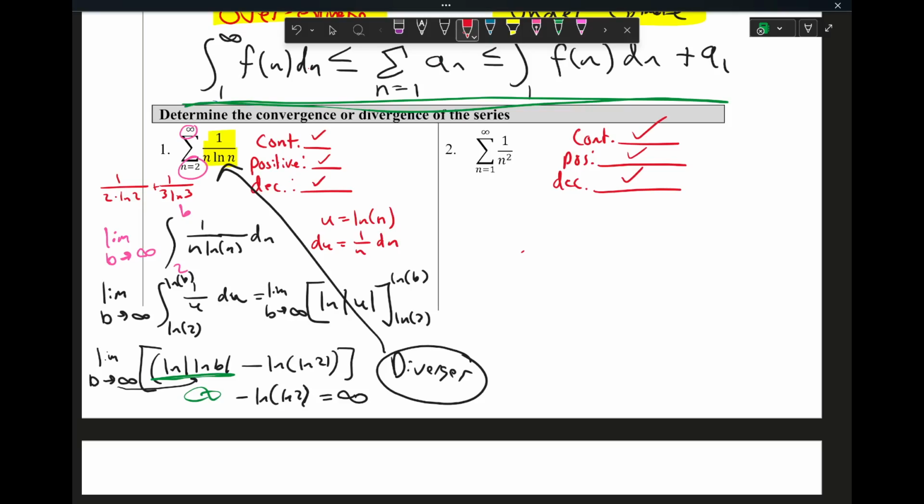And then the recommended is if this is easy to integrate. If you can see how to integrate 1 over n squared from 1 to infinity, then this is not a bad test.